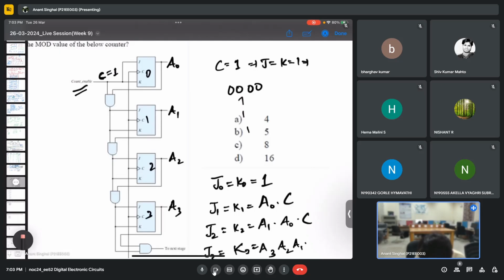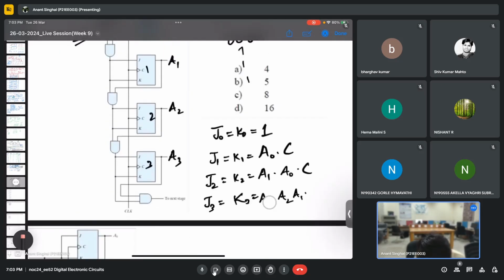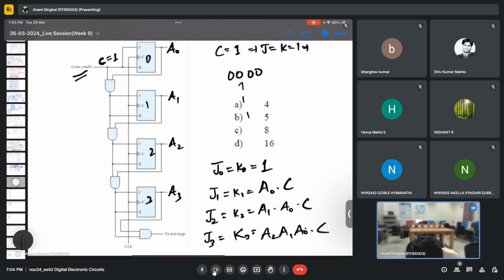J3 is A2, A1, A0, and then C. So we need to be bothered about these only. Is it clear first of all? These are all the relations that I've got. Any doubts here?